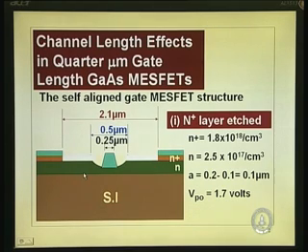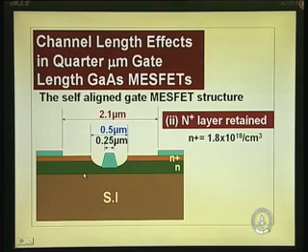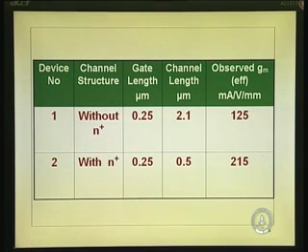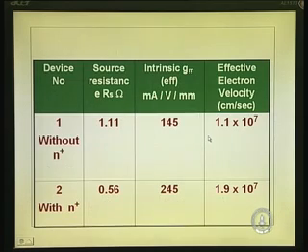That is the way they measured it, and then they measured the GM effective also and used that equation: GM0 is GM effective divided by 1 minus GM effective times RS, from this equivalent circuit, and you get the numbers.